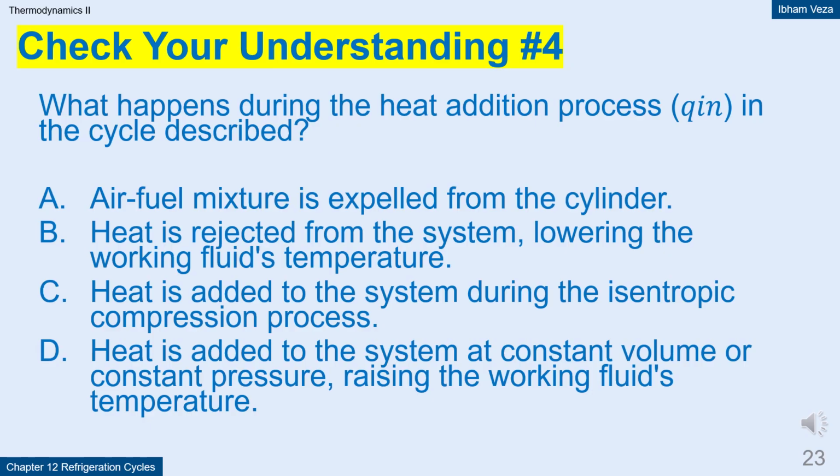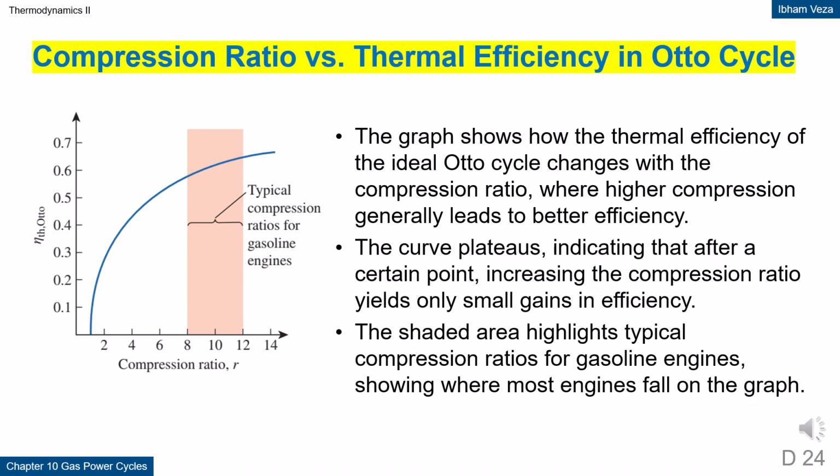B. Heat is rejected from the system, lowering the working fluid's temperature. Incorrect because heat rejection, Q out, occurs in a different part of the cycle, not during heat addition. C. Heat is added to the system during the isentropic compression process. Incorrect because heat addition occurs during constant volume or pressure, not during isentropic compression, which involves no heat transfer.